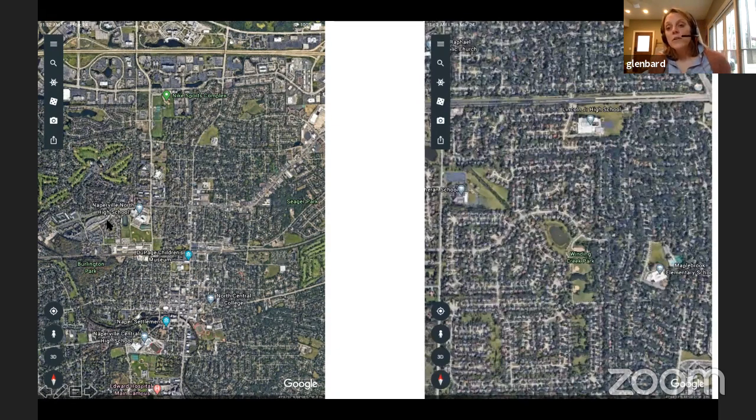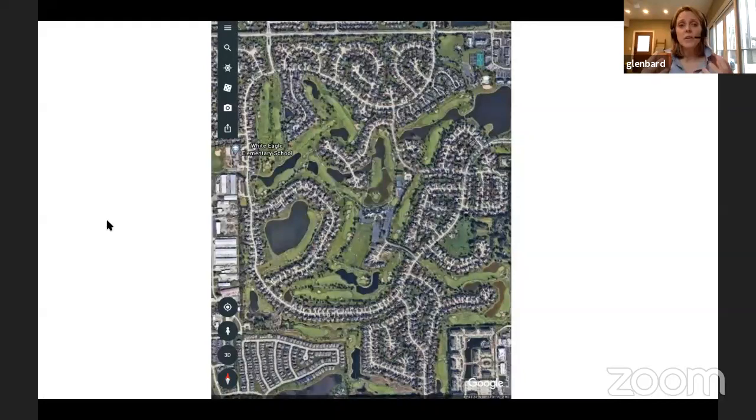If we zoom in even a little bit further, Naperville is pretty interesting too. You'll find community elementary schools. You'll find subdivisions that are typically centered around a little clubhouse or a pool, trying to bring those communities together. If we zoom in even closer, this one you can see is centered around a golf course.